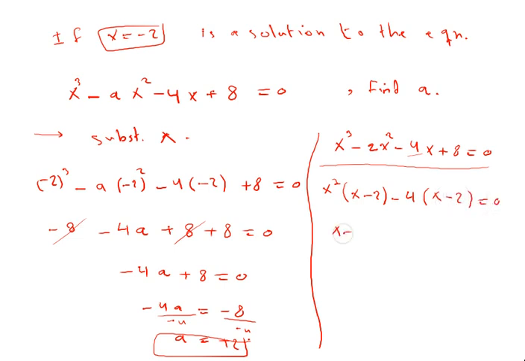X minus 2 is a common factor, leaving x squared minus 4 equals 0. Now x minus 2, and this is x minus 2 times x plus 2, a difference of squares. So the roots are x equals 2 and x equals minus 2.